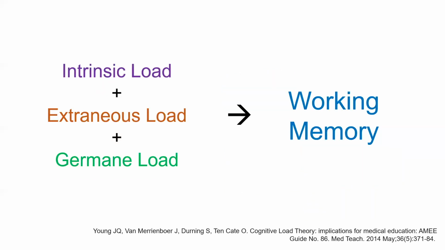To summarize our equation, the working memory is made up of the intrinsic cognitive load plus the extraneous cognitive load plus the germane load applied. To better understand this theory, I think it's helpful to think about an example. We can think about intrinsic load in terms of computers and the working memory associated with computers.